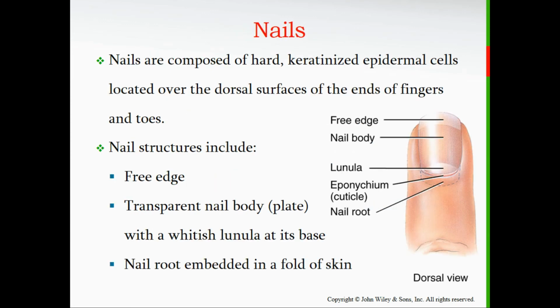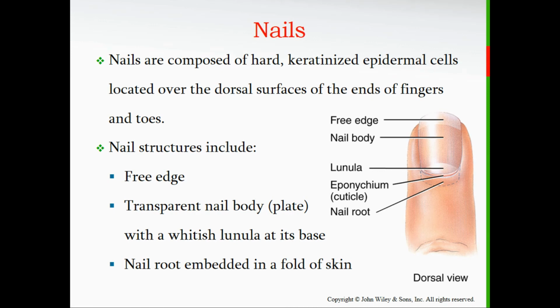Your nails. Nails are composed of hard keratinized epidermal cells as well, but more densely packed than hair, located over the dorsal surface of the ends of the fingers and the toes. Nail structures include the free edge. This is the part that we trim. The transparent nail body, that's the actual nail that's over your finger, also known as the nail plate. And at the very base, we have a whitish lunula.